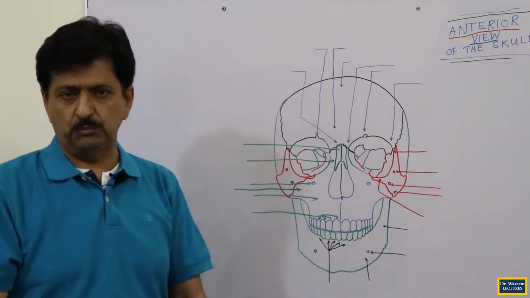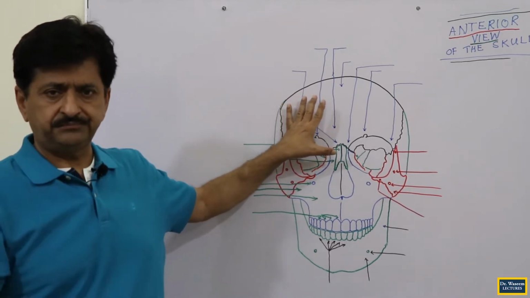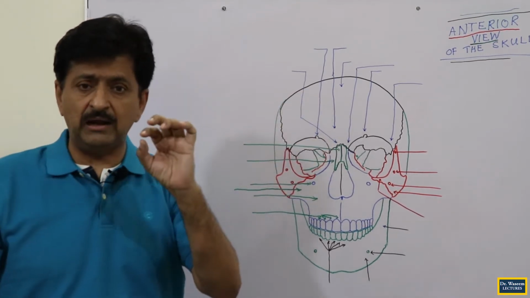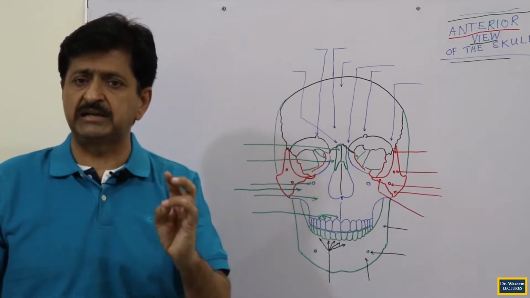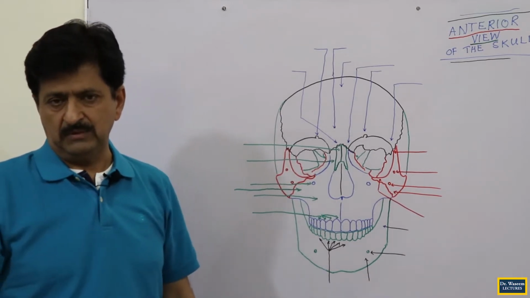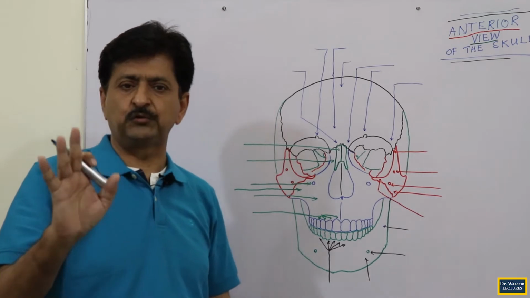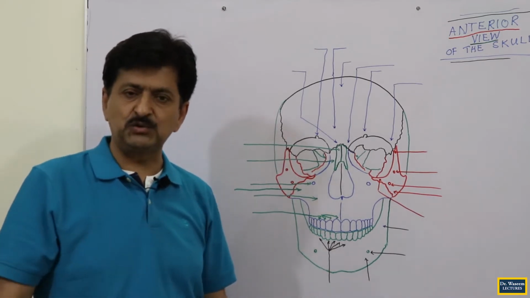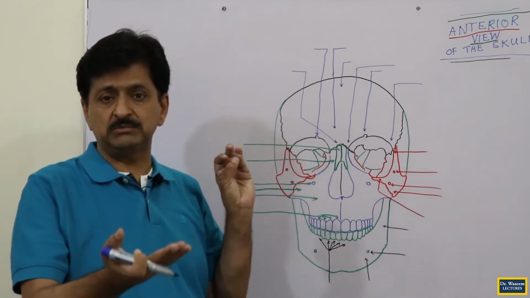Identify all the landmarks. Is there any foramen, fissure, canal, meatus, or any entrance or exit point there? And if there is an exit point, we have already told you to ask yourself 4 questions. Asking yourself 4 questions means name the foramen, which you have already seen, that means you are naming it.